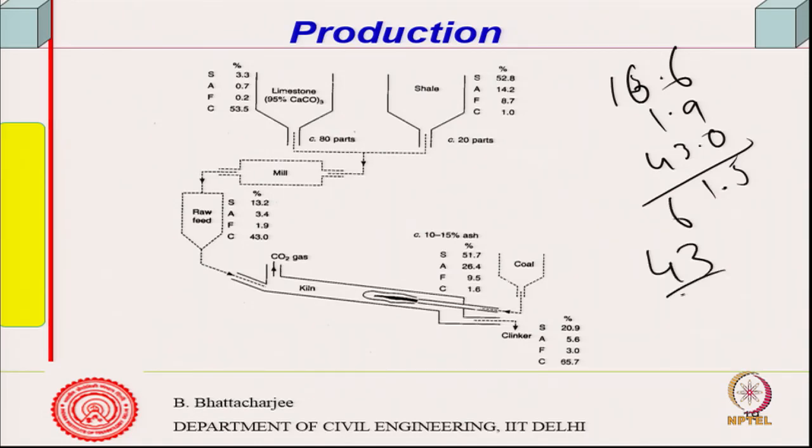So, 43 out of 61.5, so 1.16 is to 1 ton, that is what we said, like 0.65, because final 1.16 gives me 0.65. So, this will fit into that kind of ratio. So, that is the final product, the clinker, that will come if you calculate it.